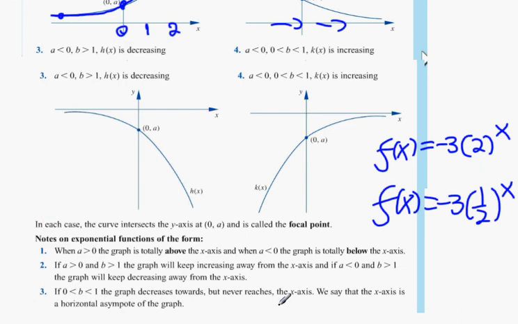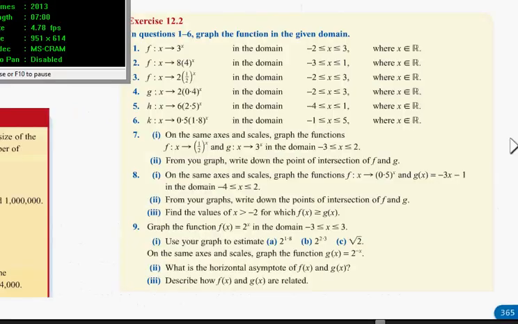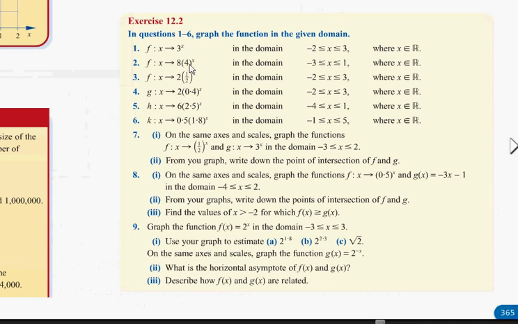Alright guys, now for homework tonight, we're going to do questions 1, 3, 5, 6, 7 and 8. You just draw the graphs. You put them into the calculator and draw the graphs.